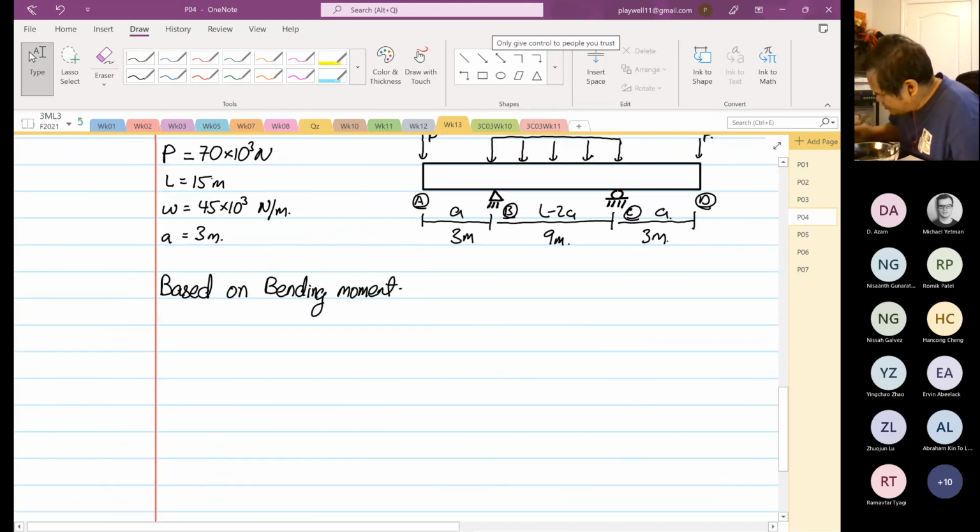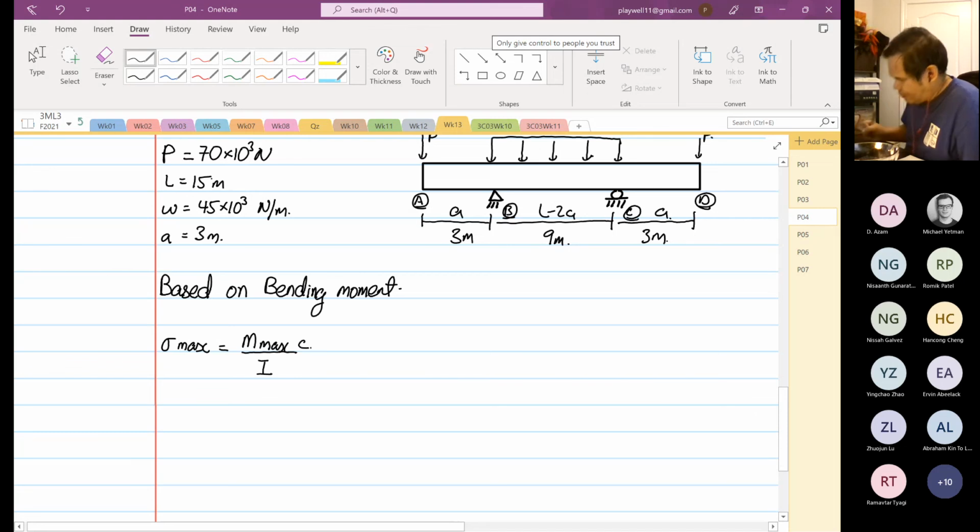The expression is stress max is equal to M max, the maximum moment, divided by the second moment of area multiplied by c. You guys see this, this looks familiar, right?